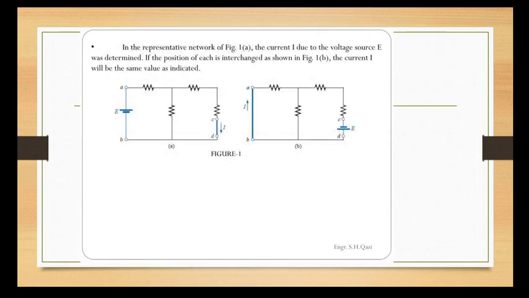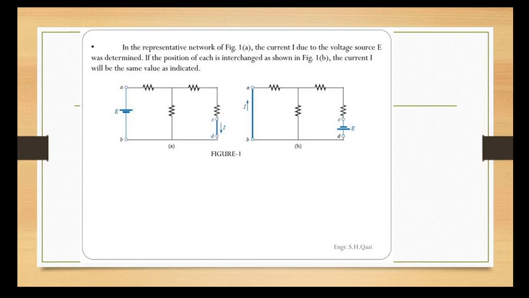See, this is the first figure. Here you can see that there is a current I due to the voltage source E, and the reciprocity theorem states that we can interchange this current and EMF so that there will not be any change in the network.